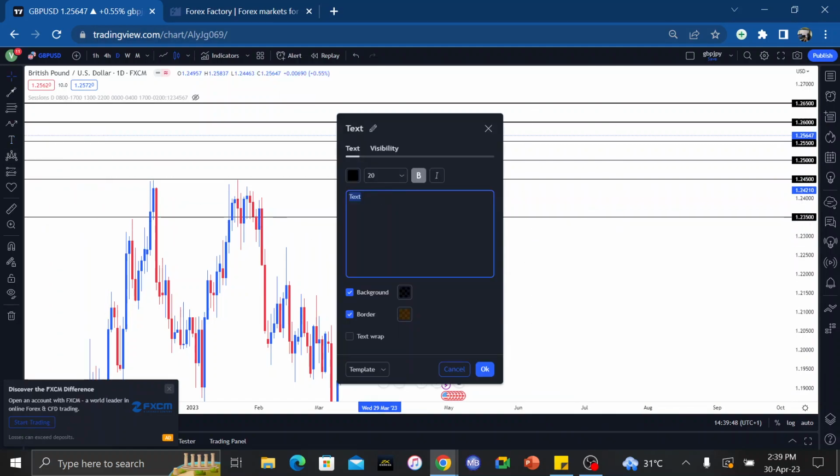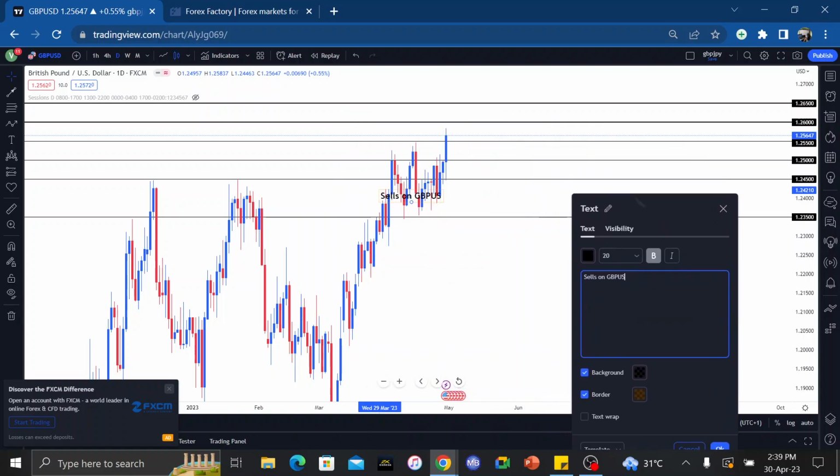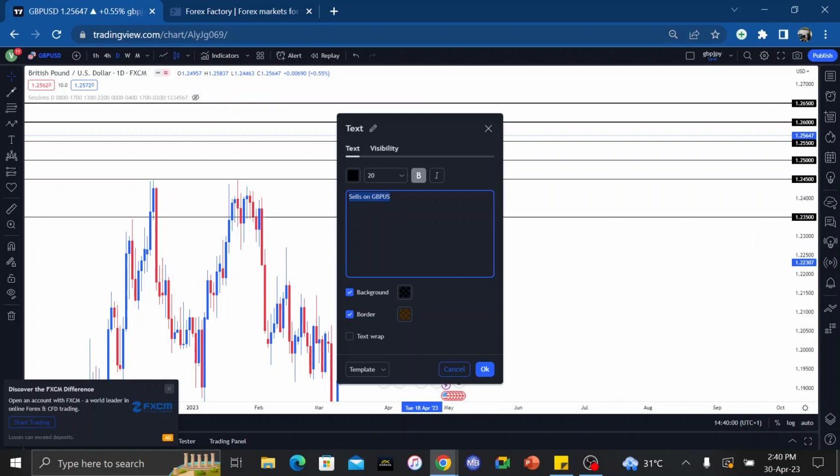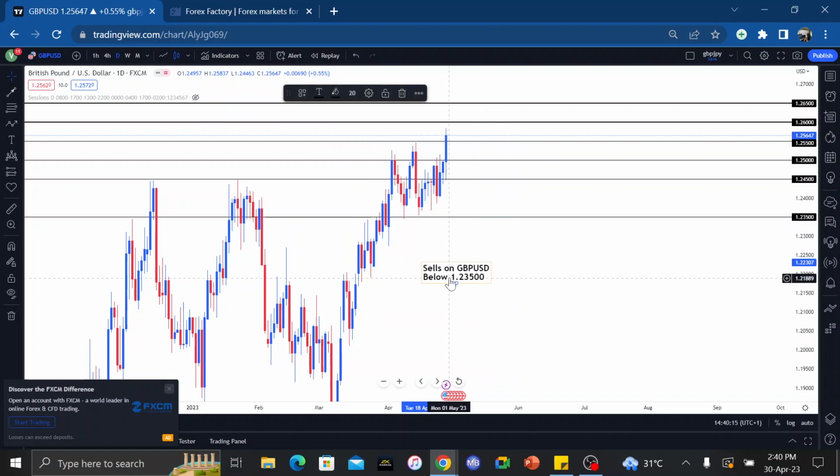Let me check if I can paint these scenarios. One, sales on GBP USD: price below 1.23500, further sales below 1.23500.